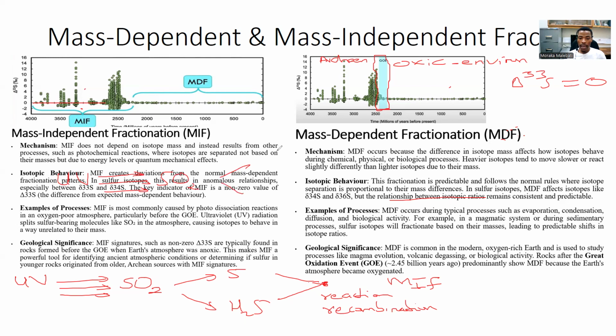But now, because we did not have the presence of oxygen, because remember, before the Great Oxidation Event we were in a reducing environment, an oxygen-deficient environment, after the dissociation happened, the products did not undergo the reaction or recombination.